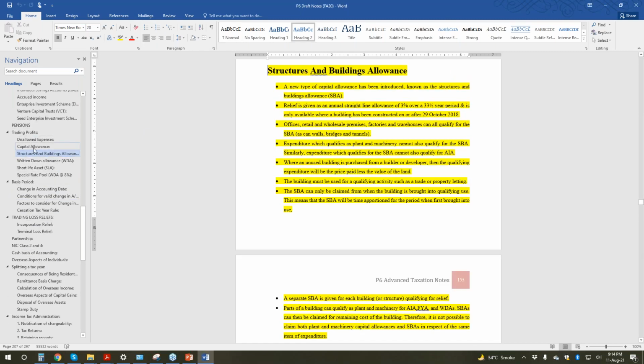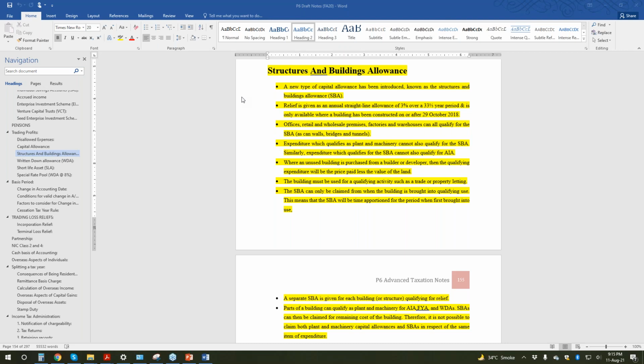So there you can find in the capital allowance section the structures and building allowance. So guys, obviously the buildings are of such a nature that they have a quite long useful life. So HMRC has anticipated that the building has a 33.5 year life, and they have provided a straight line allowance of 3% over the life of 33.5 years.